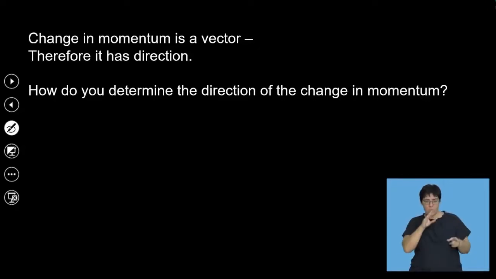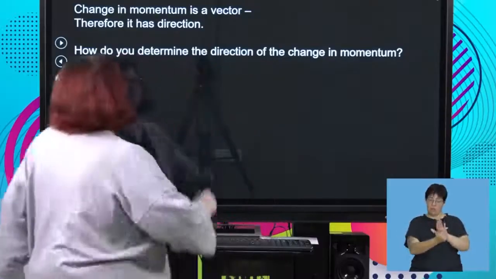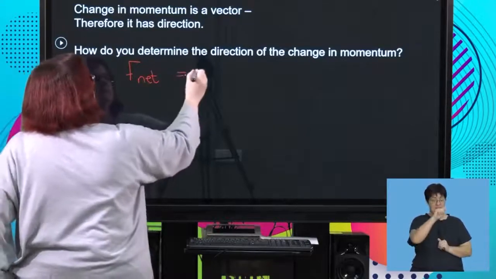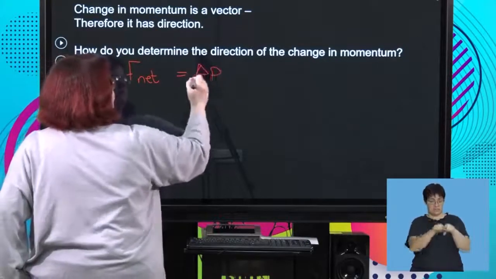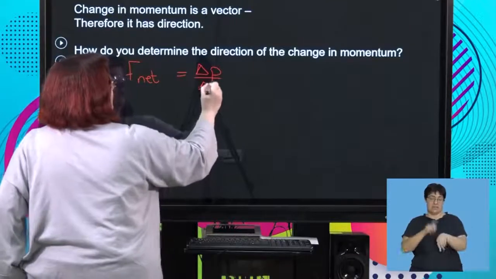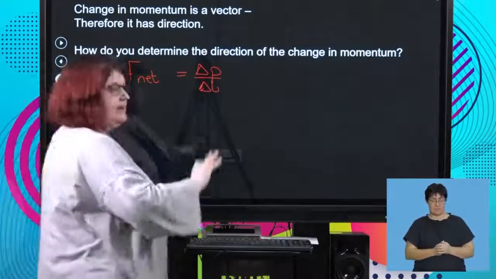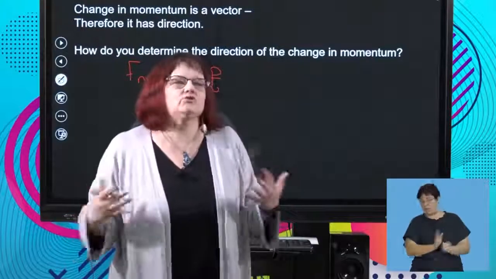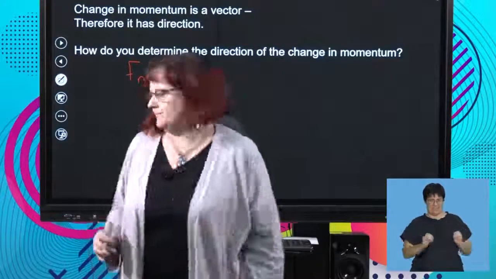How do we determine the direction? We're going to go back to Newton's second law in terms of momentum. F net is change in momentum over change in time. Now, time is a scalar. Time has no direction, so it's not important, okay?